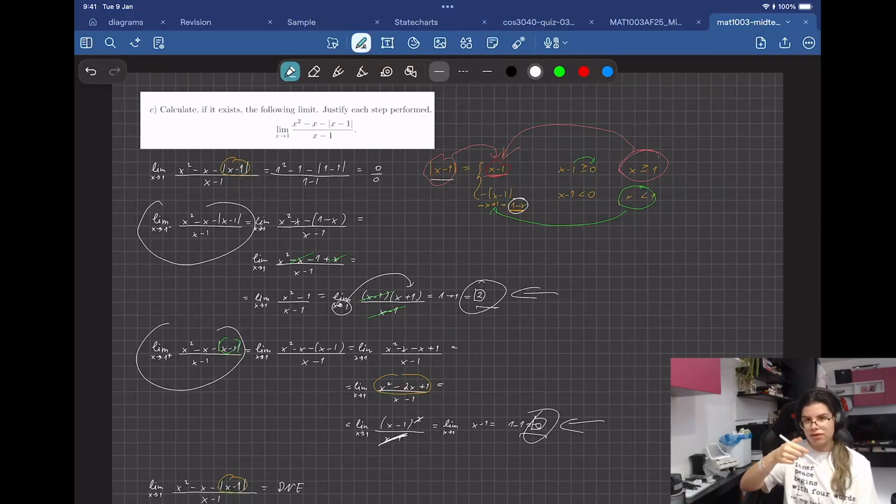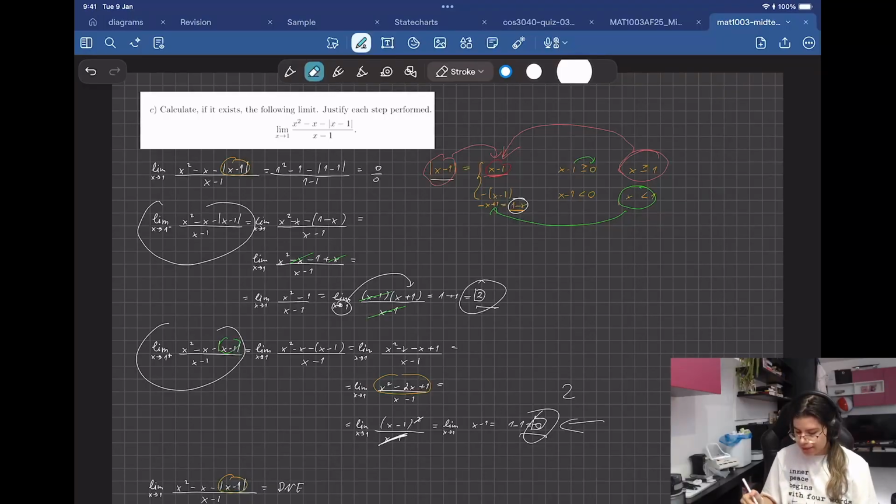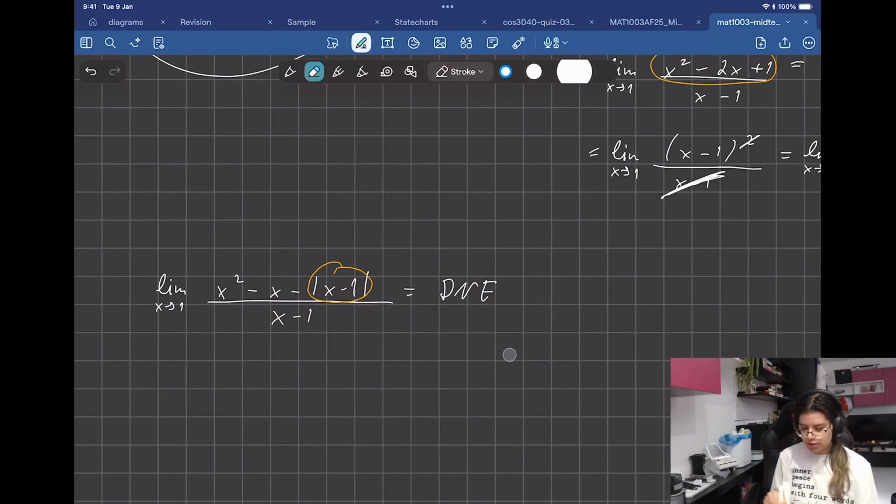If they are equal, then the two-sided limit also exists, and it's equal to whatever the value is, right? So if these were both 2, then the two-sided limit would also be 2. If these were both -5, then the two-sided limit would also be -5. But in this case, because they're different, we have a 2 and a 0, the two-sided limit does not exist, and that's your final answer for this problem.